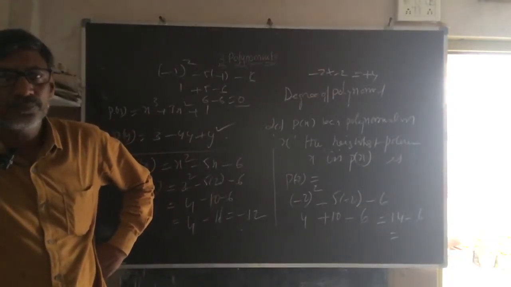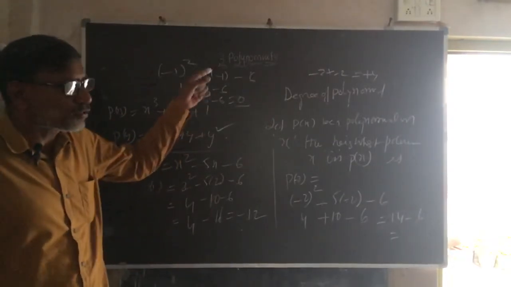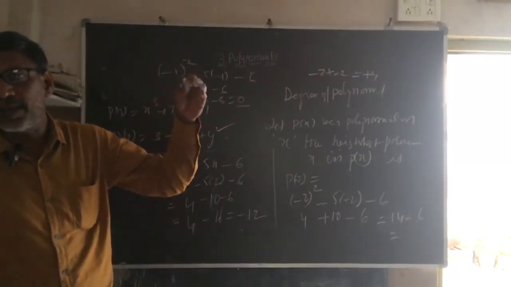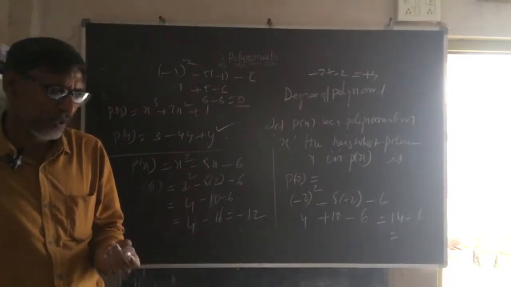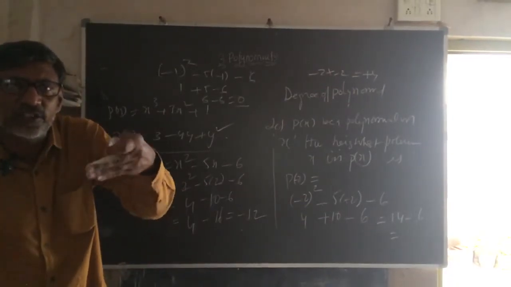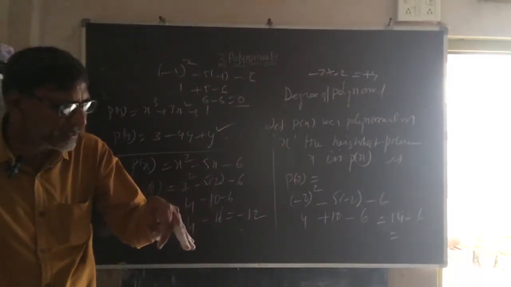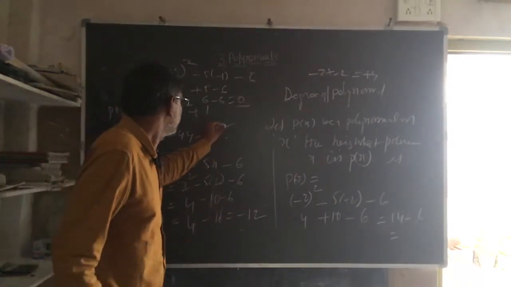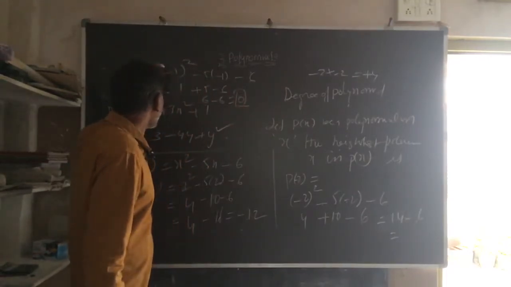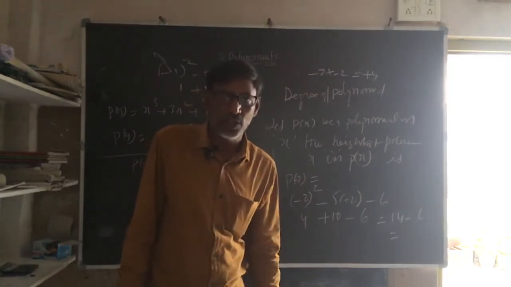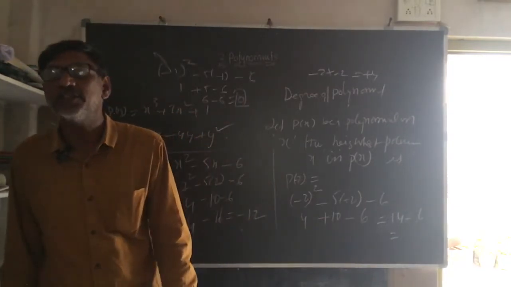Therefore, minus 1 is a 0 of the polynomial. If you give so many numbers, you are not getting 0. When I take x is equal to minus 1, my polynomial becomes 0, right? At what value? Minus 1. Minus 1 is the 0 of the polynomial.